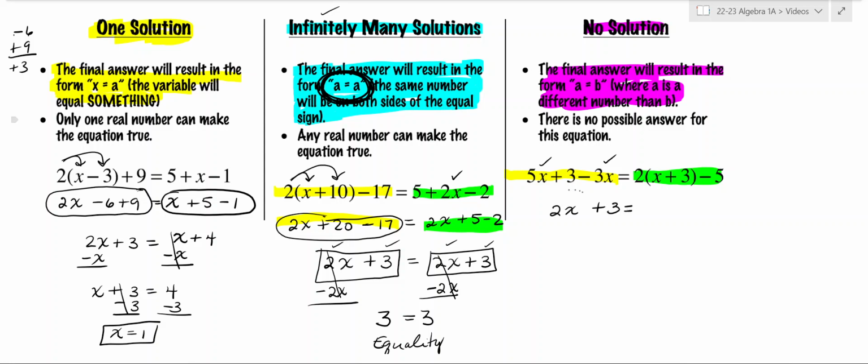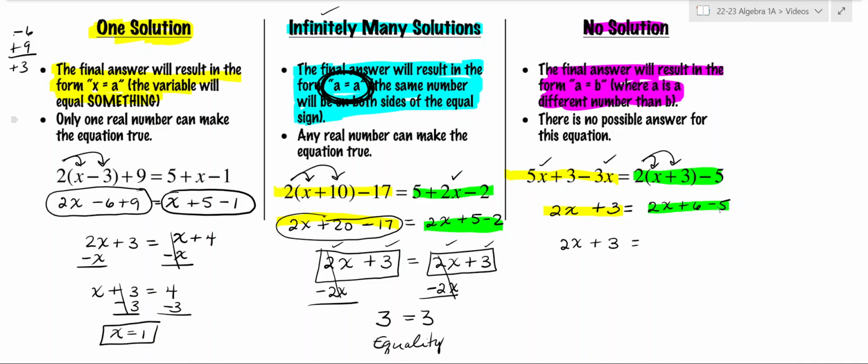All right, carrying in the 3. Now on the right-hand side, we're going to distribute that 2. So that's 2x plus 6 minus 5. Sorry, use my highlighters, okay? All right, this side is okay, 2x plus 3.